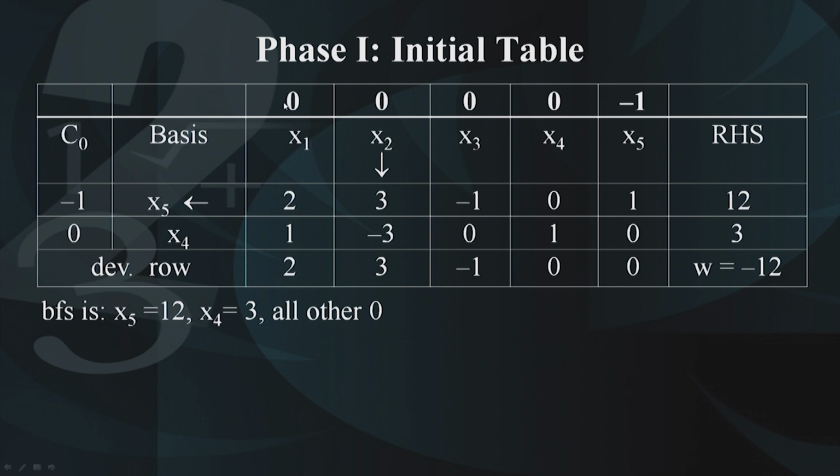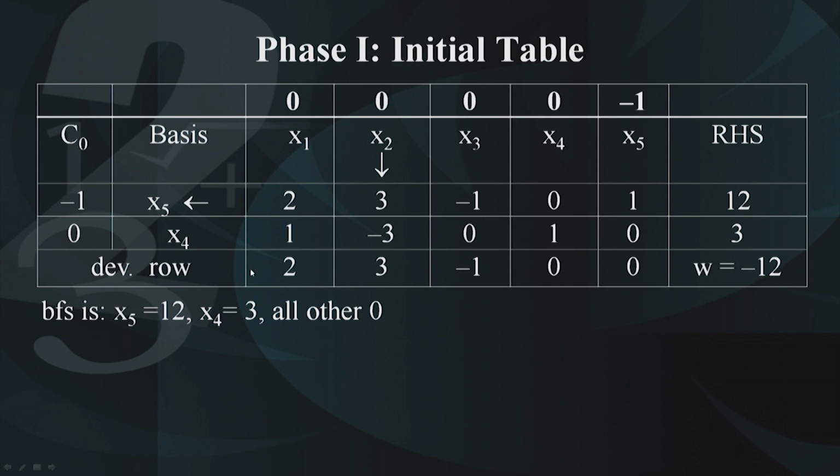On the top row we have the coefficients of the objective function. x1, x2, x3 and x4 have coefficient 0, and only x5 has coefficient minus 1 in phase 1.